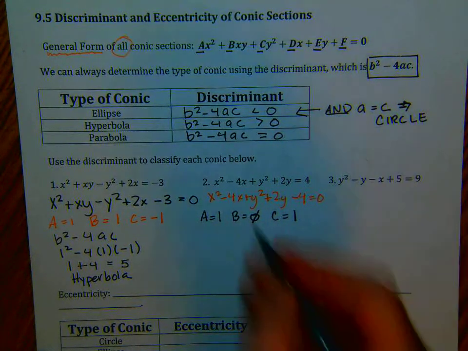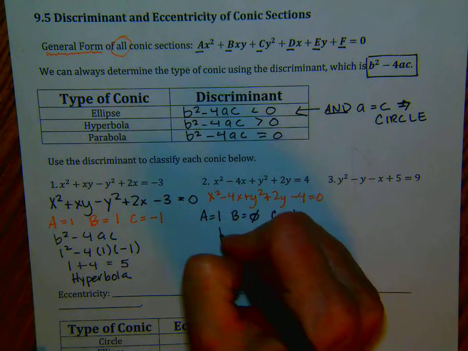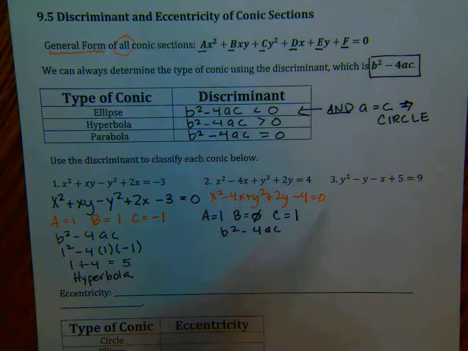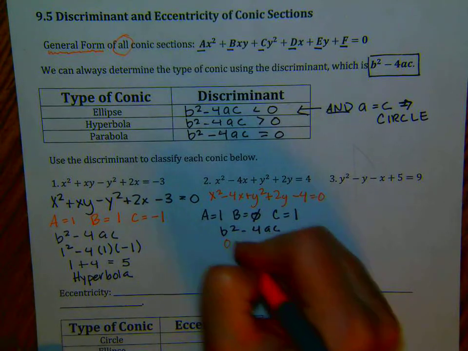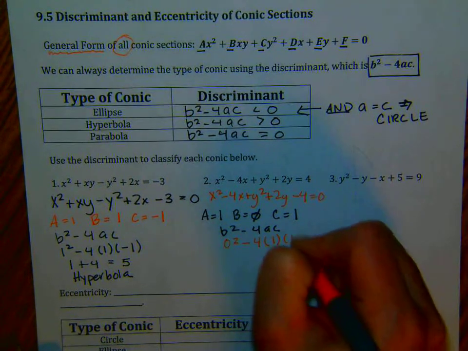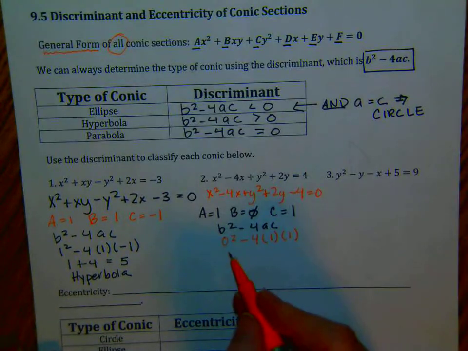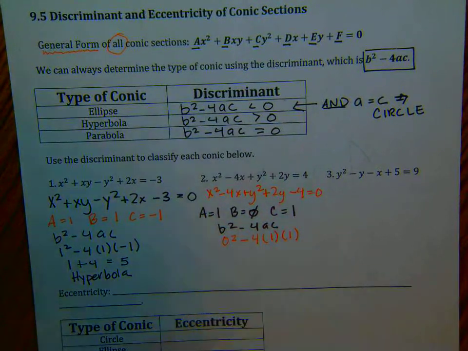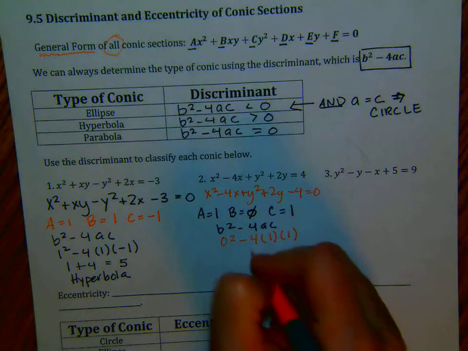Okay? So let's write out b squared minus 4ac. So we have 0 squared minus 4 times 1 times 1. So no b, so what do we have? Minus 4 times 1 leaves us with negative 4.